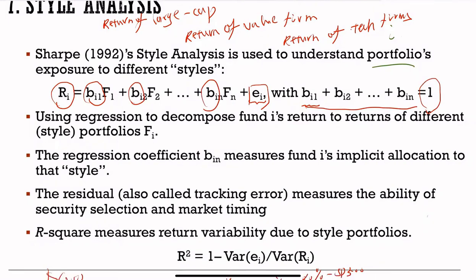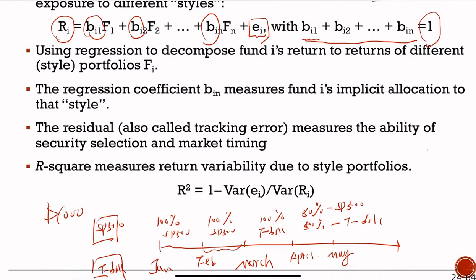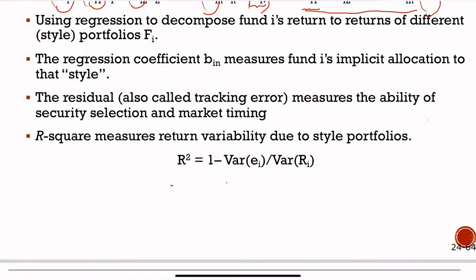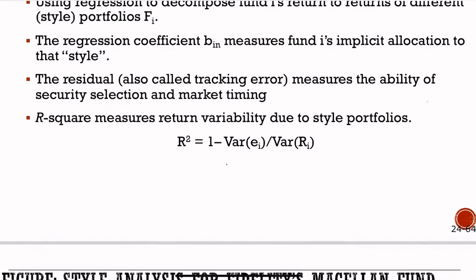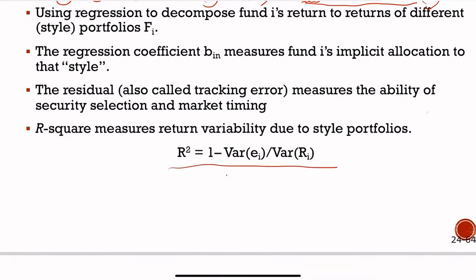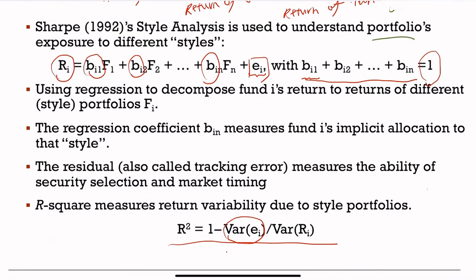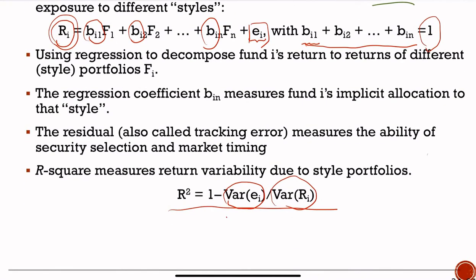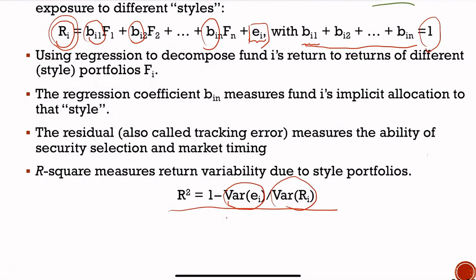And then we can also define R squared. If you have learned econometrics, then it's very easy to understand what R squared is. But if you have not, I have this definition here for you. How do you define R squared? You use the variance of this e_i divided by the variance of this R_i, and then you use 1 minus this ratio.